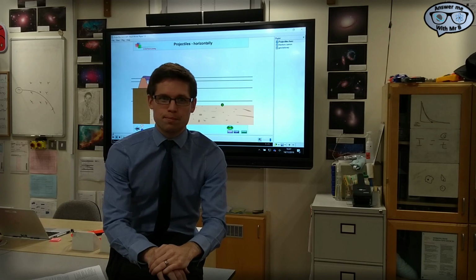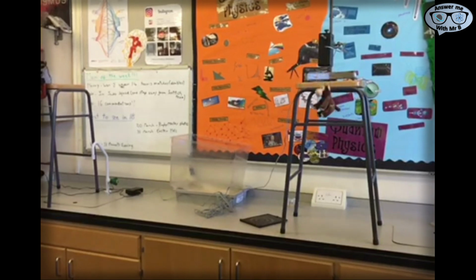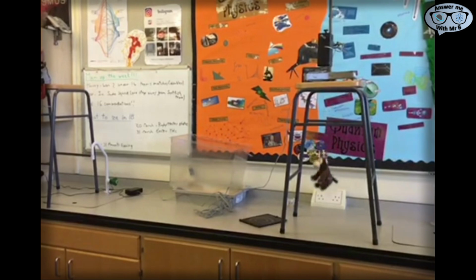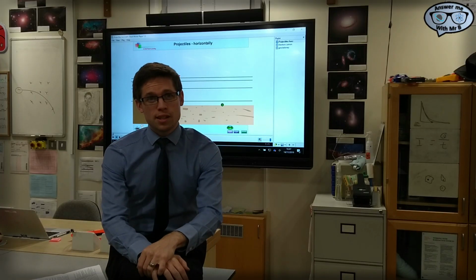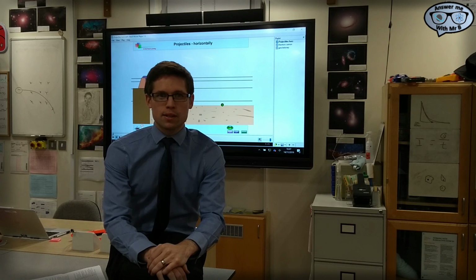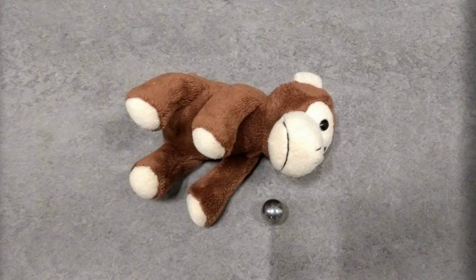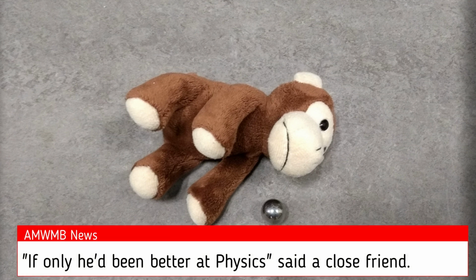This is what happened. As you can see, the monkey fell at the same rate as the bullet and was shot and died. The end.